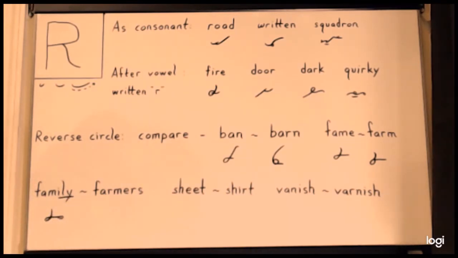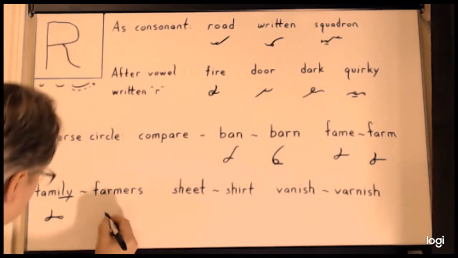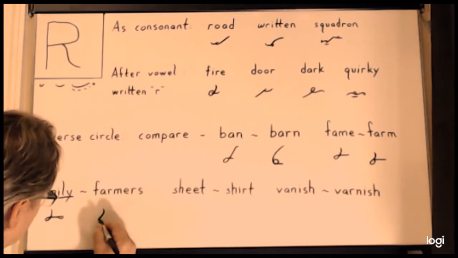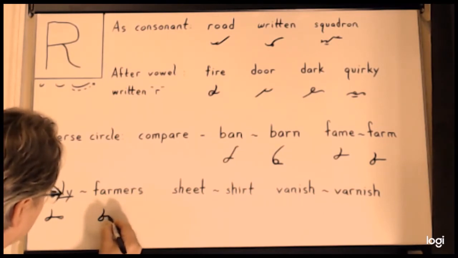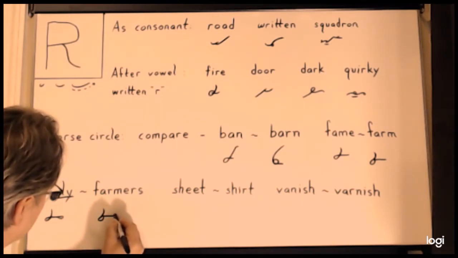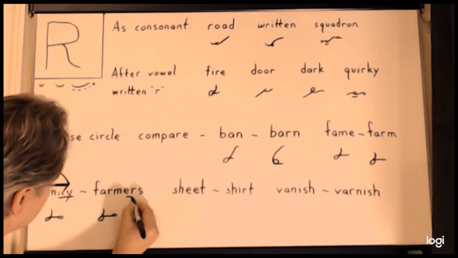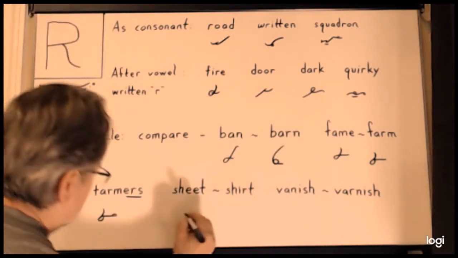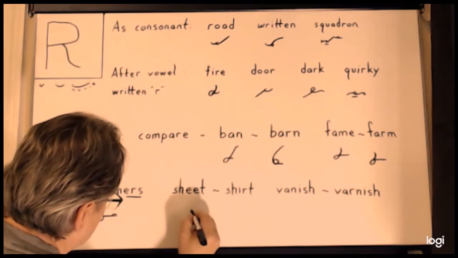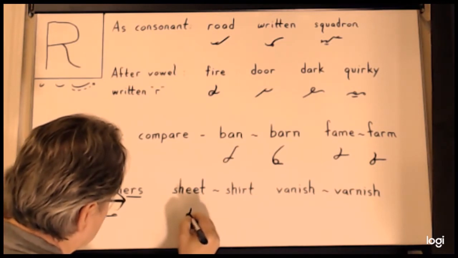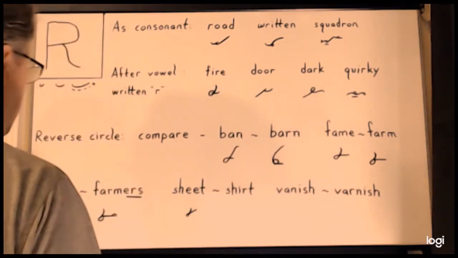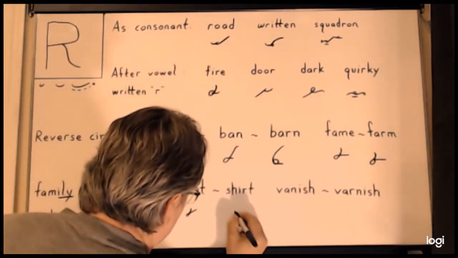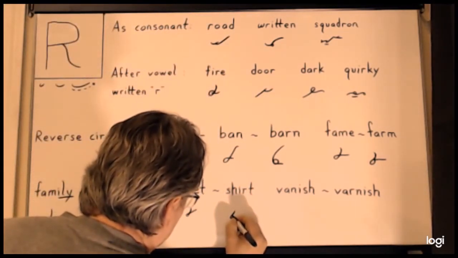Now, farmers is going to show you the exact reverse of these, which is going to be F, reverse A, M, and the reverse elongated E standing for the ERS at the end of farmers. The next set is sheet and shirt. Sheet will be written S-H-E-T, and then shirt will be S-H reverse E-T.